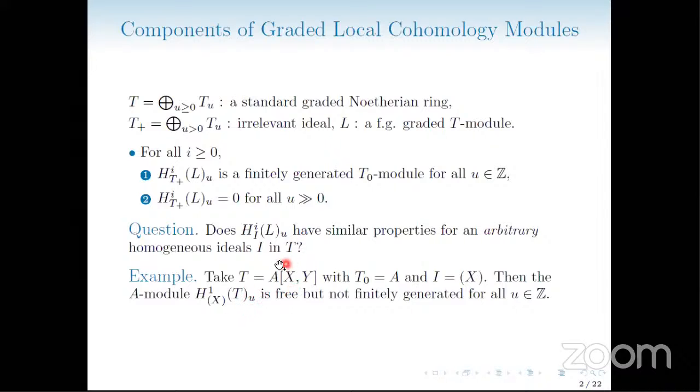Let T be a polynomial ring over a commutative Noetherian ring A in two variables. So we are considering the ideal to be generated by the single variable x. Then the first local cohomology module of T supported on x, its graded components are free but not finitely generated. So it's not only contradicting the first one but also the second one, because it does not vanish for large values of u.